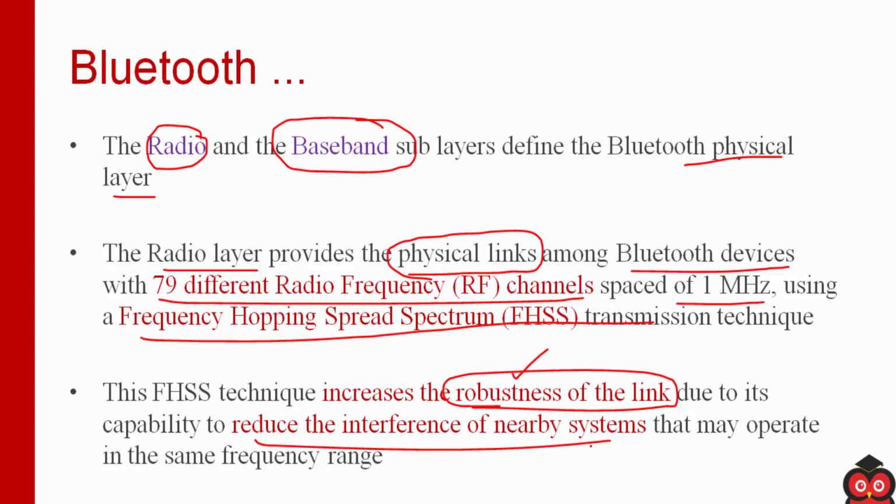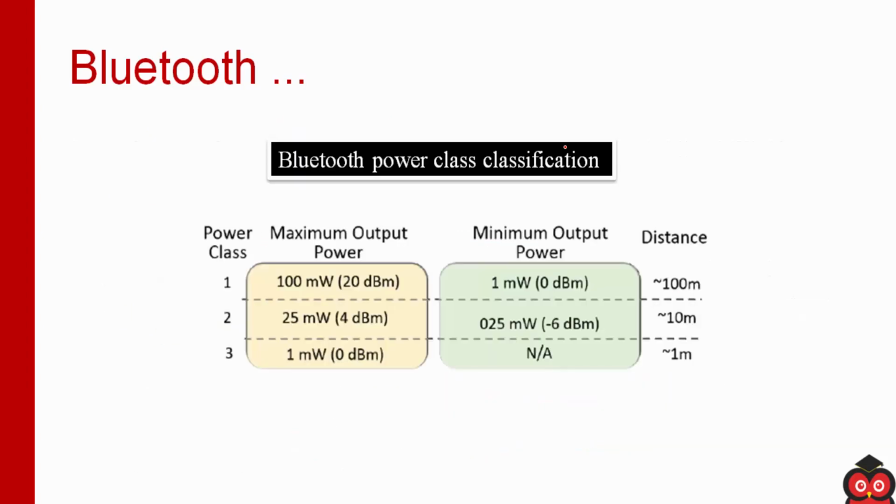Now we have the classification of Bluetooth devices based on power. You have classes here: class 1, class 2, class 3. That is Bluetooth class 1 devices, class 2 devices, and class 3 devices. For each class you can see the maximum output power and minimum output power.